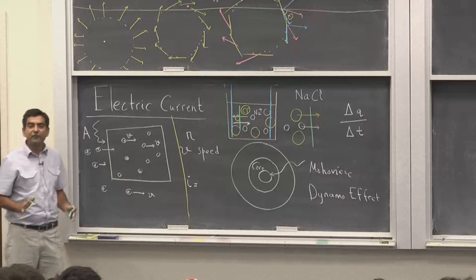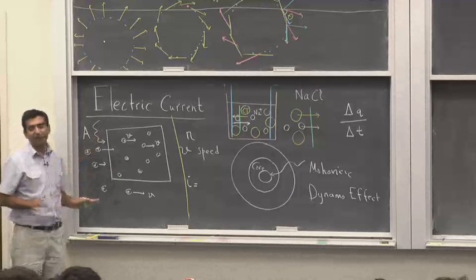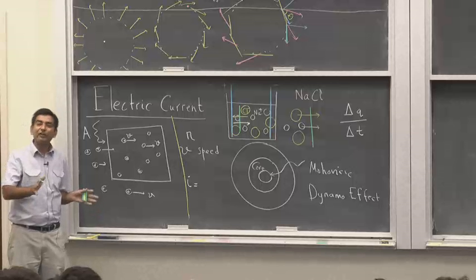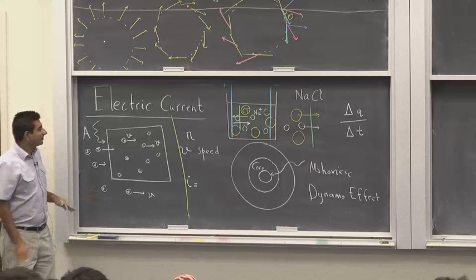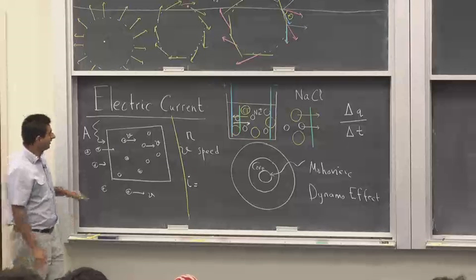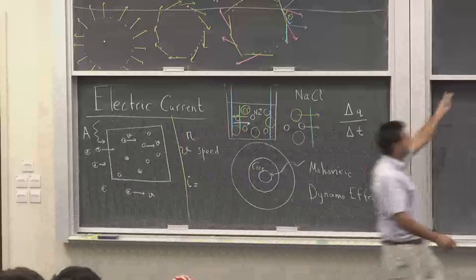So I would have to find out how many charge carriers cross this area per unit time. Now there are n of them per unit volume. So what this really means is that if I have, let's draw, I need some more space.